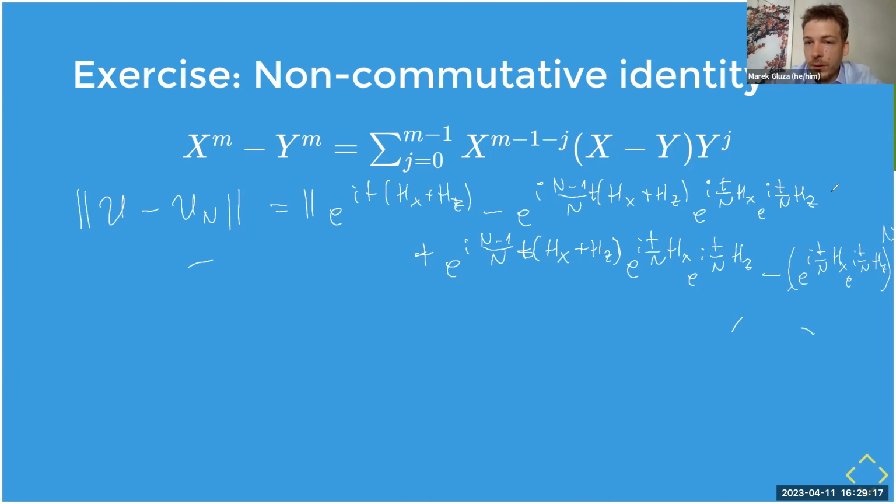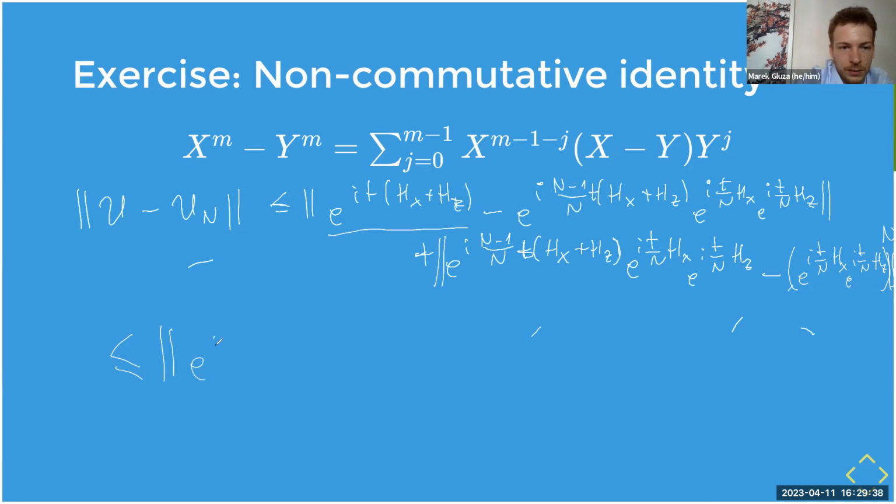So what I can do is make this into an inequality by inserting the triangle inequality here, and the plus stays. Okay, so now what I can use is norm invariance. So basically here I can rewrite this using this trivial BCH. So I will only do this favor to you that I will write this here like this: hz, and then I will have e to i t over n.